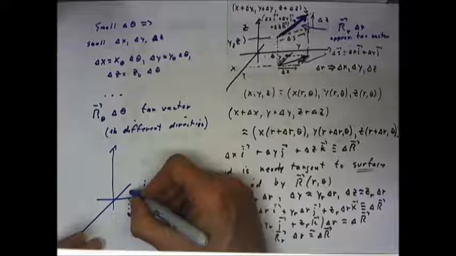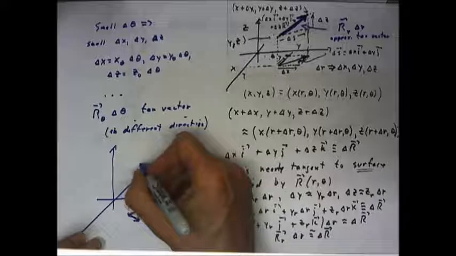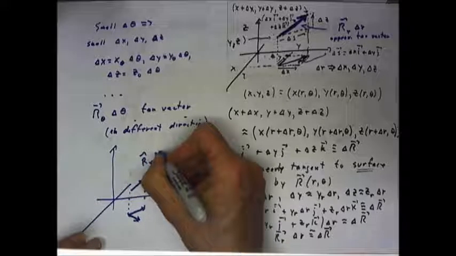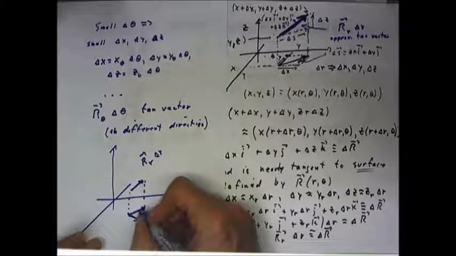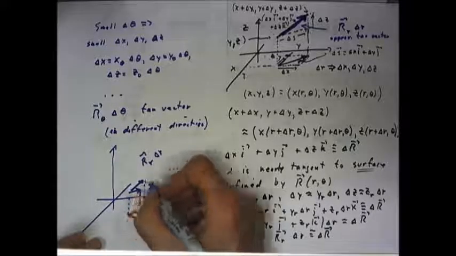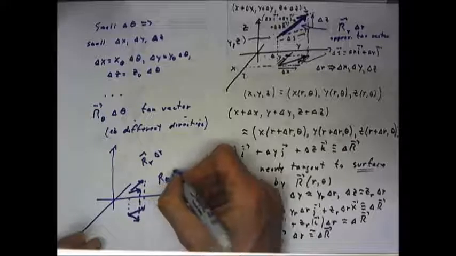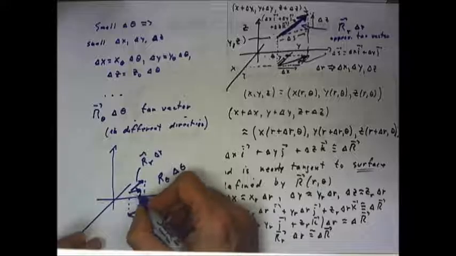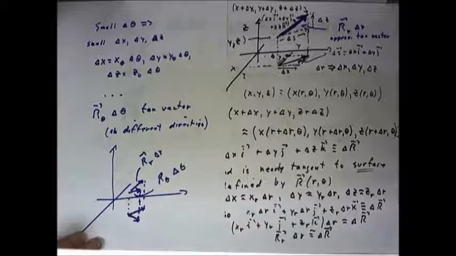Above this point we have the vector r sub r delta r. Above this point we have another vector r sub theta delta theta. So we've got an r sub r delta r and an r sub theta delta theta.